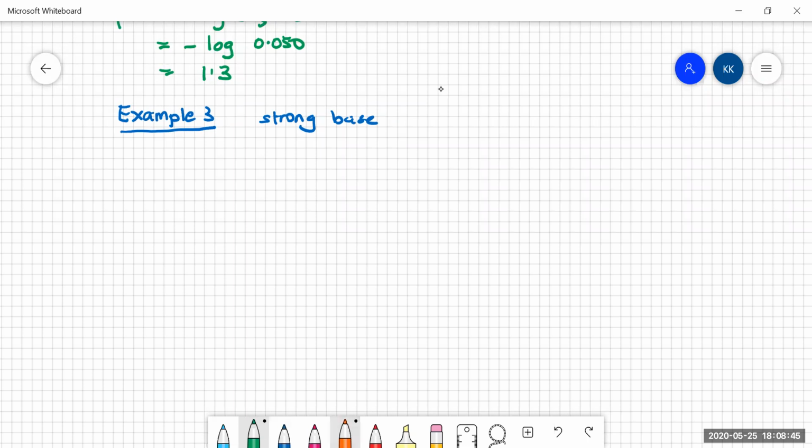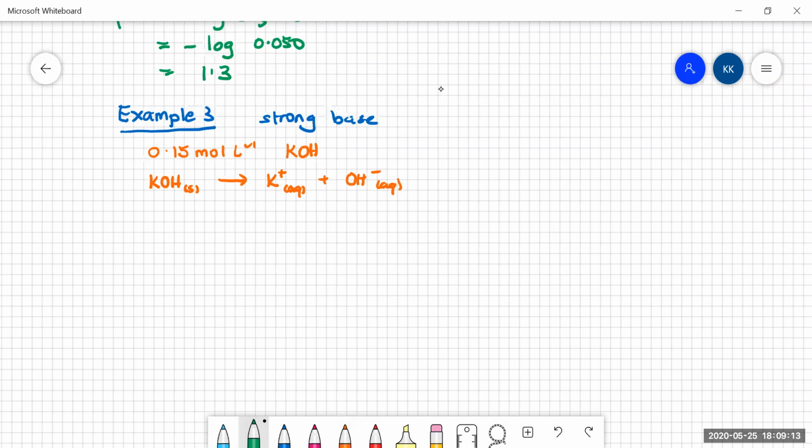So here we have 0.15 moles per litre potassium hydroxide. So this solution was produced by some solid potassium hydroxide dissolving in water and dissociating into those ions.